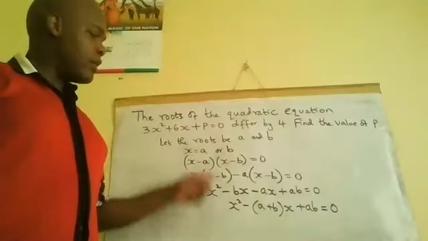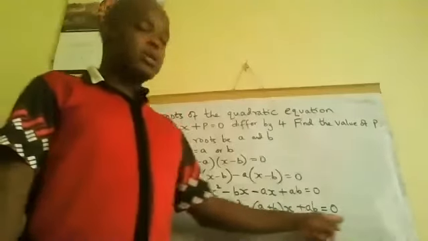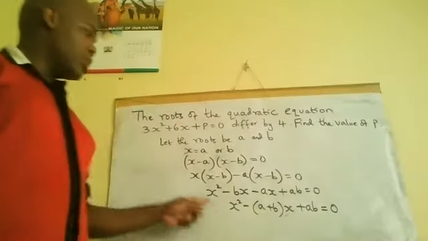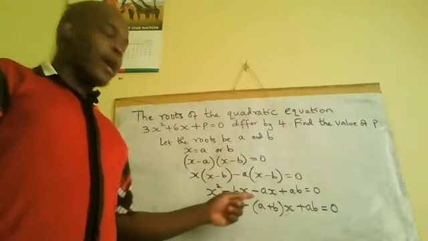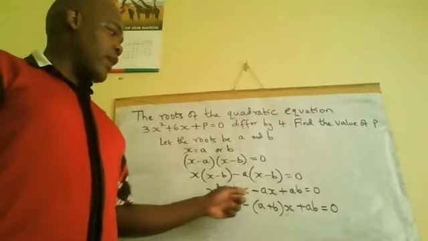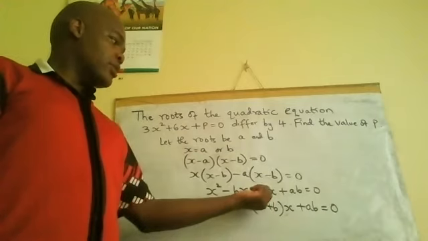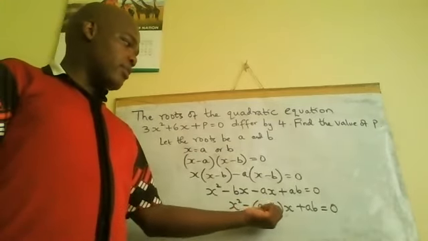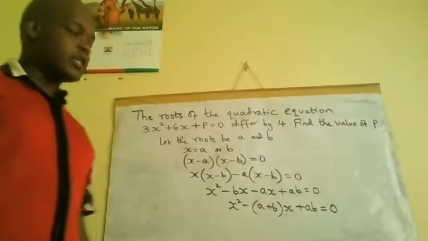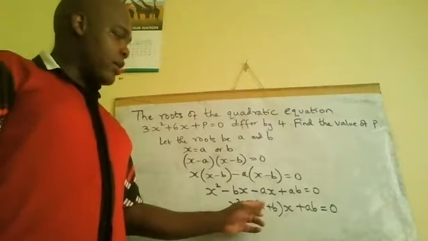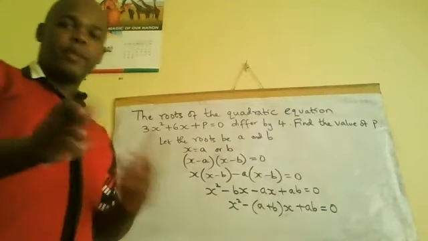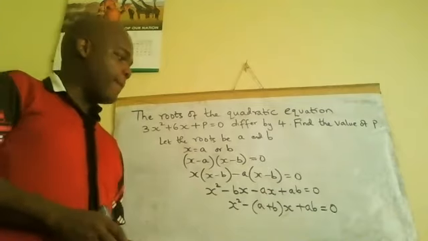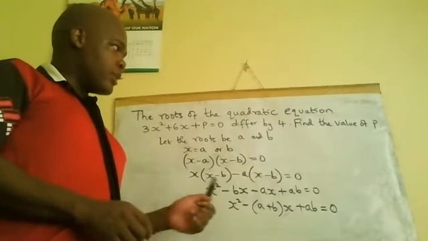So you can see I have factored the minus, and then I've started with A plus B, because the minus changes the sign inside the bracket. B plus A is the same as A plus B.